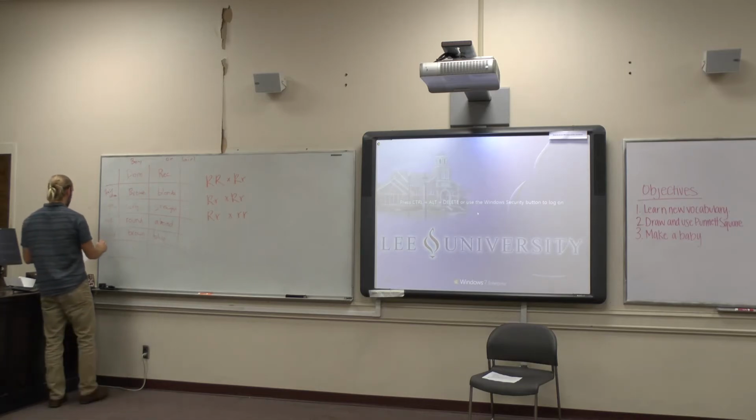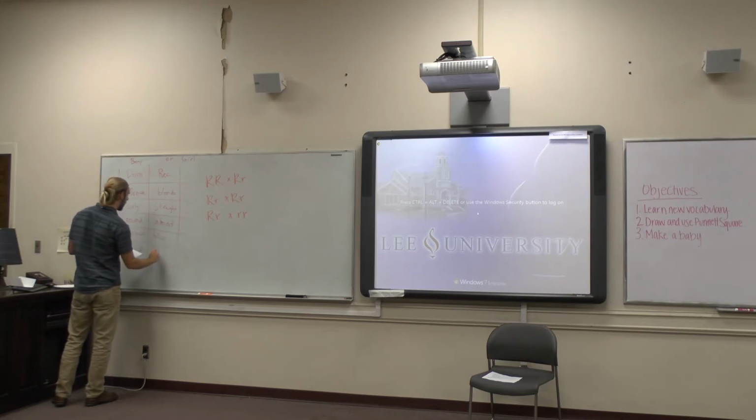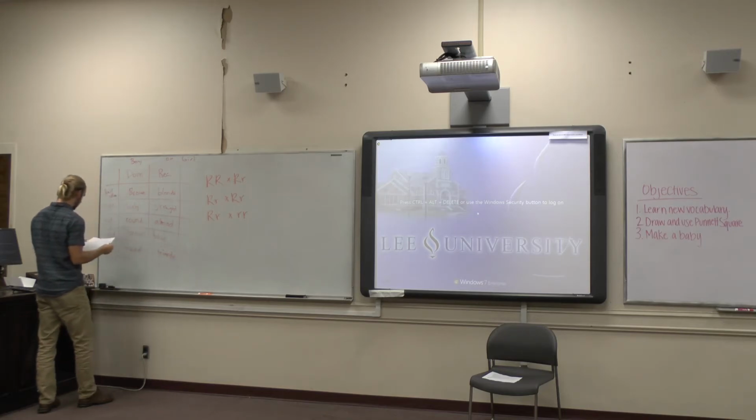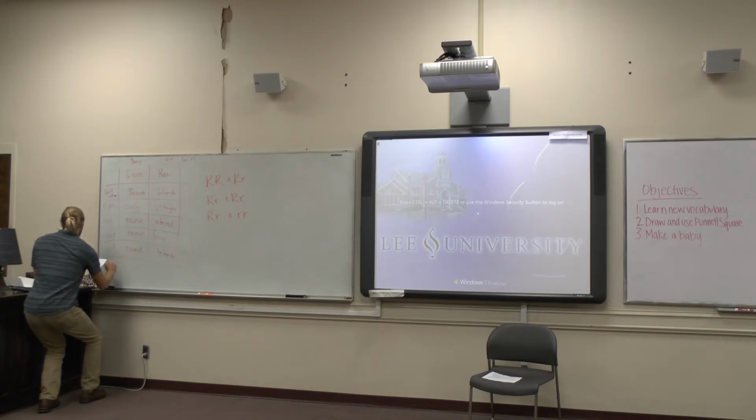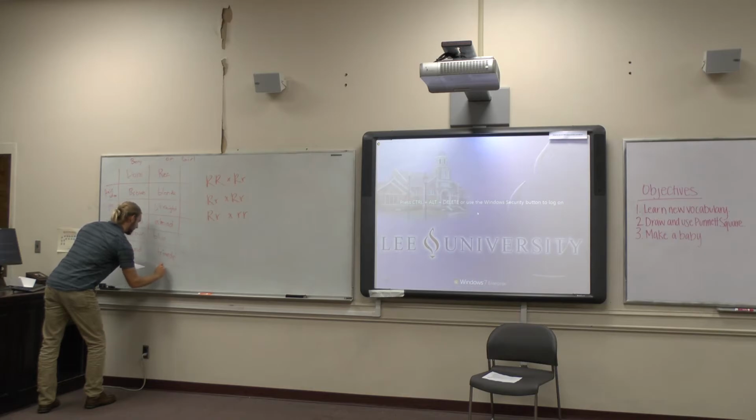Nose shape, we're going to have round as dominant and triangular as recessive. And then we're going to do mouth shape as smile for dominant and straight for recessive.